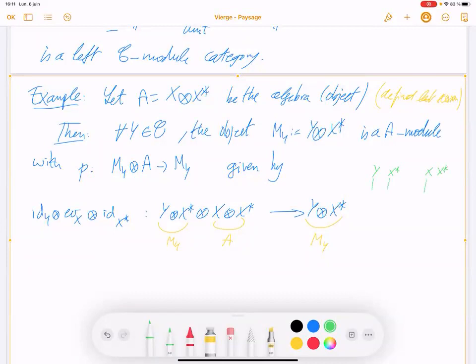You start from that. So this is y tensor x star tensor A. And then you apply the evaluation map and the identity.